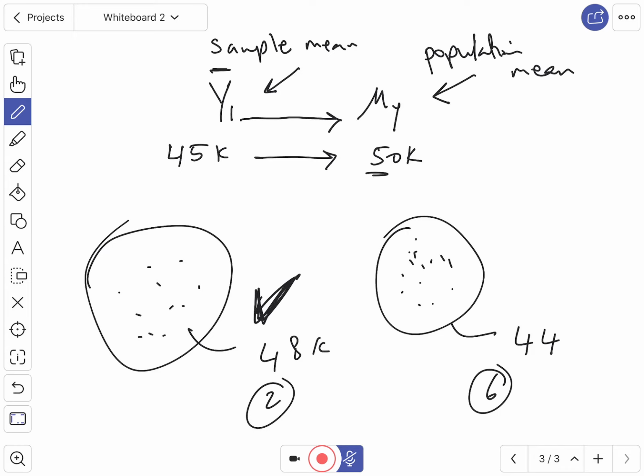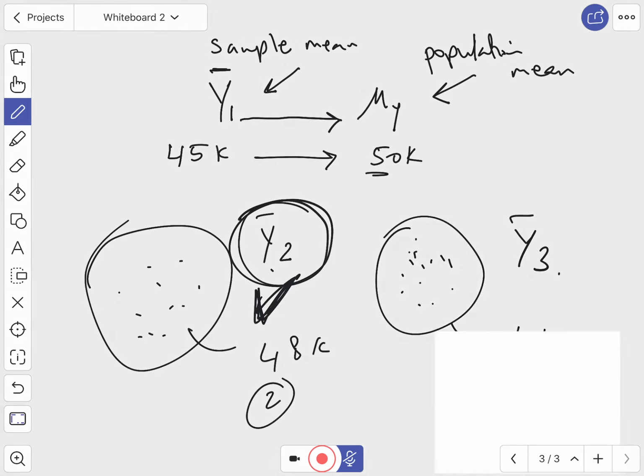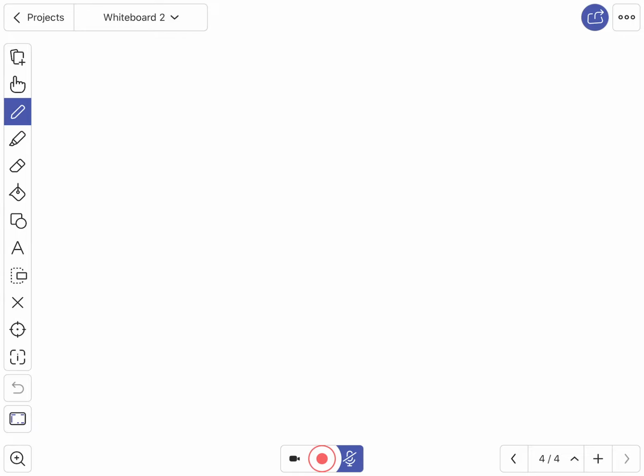If I call this y bar 1, I call this y bar 2, which is my second trial of getting another 50, and this is my third trial of getting another 50. Out of y bar 1, y bar 2, y bar 3, I think that y bar 2 is the best estimator because it's the closest to the population mean, because the gap is only 2, right? So you can think of it this way, that you want to try to minimize the gap between y bar, which is the sample mean, and mu y.